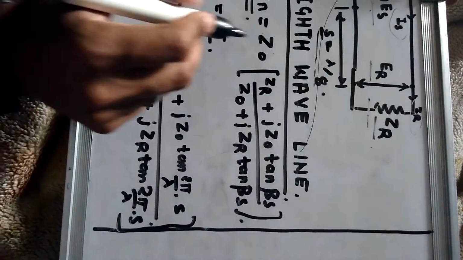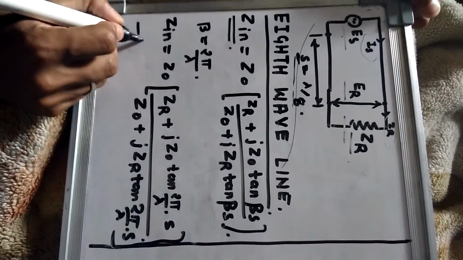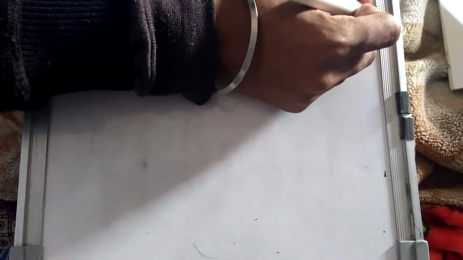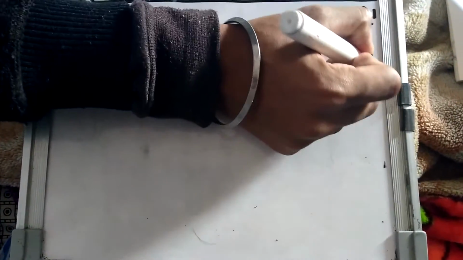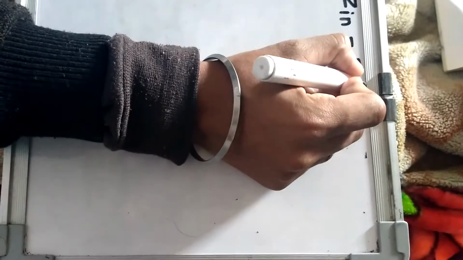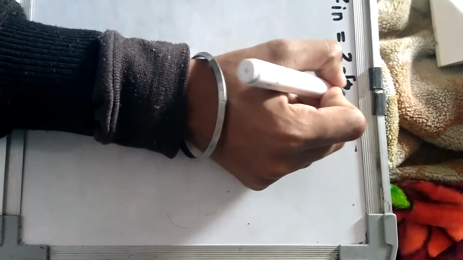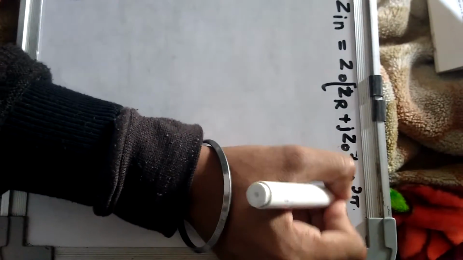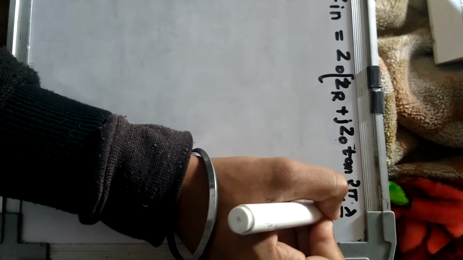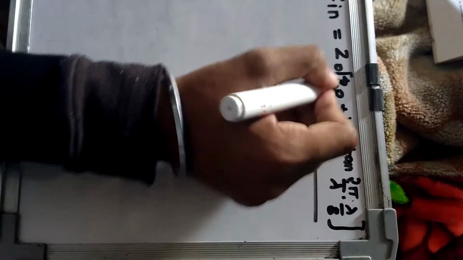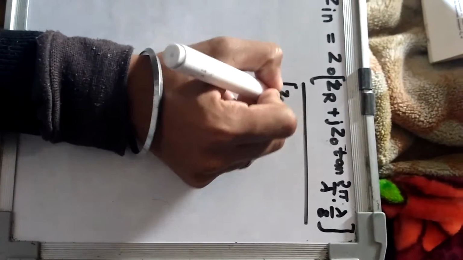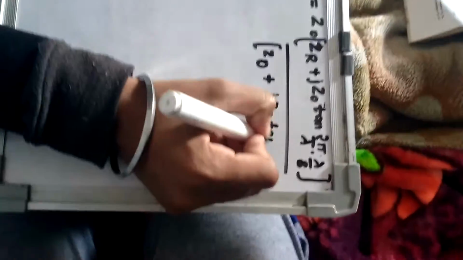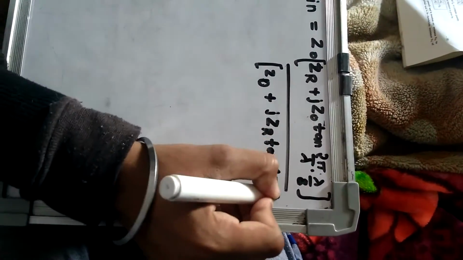Now substituting the value of S as lambda by 8 in this equation number 1, we get Zin equals Z0 times (ZR plus j Z0 tan (2 pi by lambda into lambda by 8)) divided by the denominator, that is Z0 plus j ZR tan (2 pi by lambda into lambda by 8).